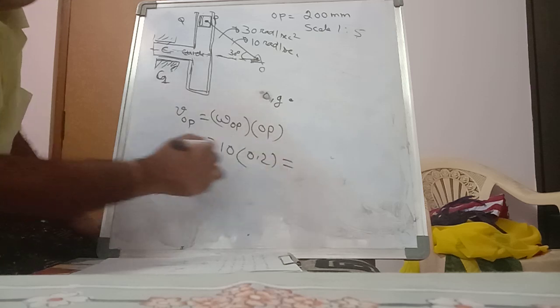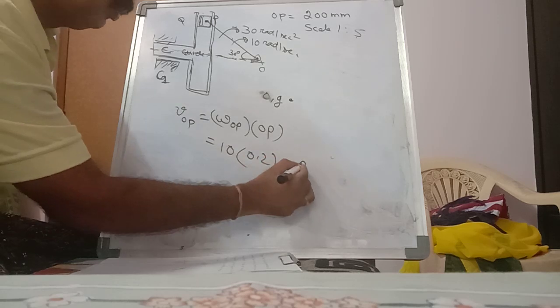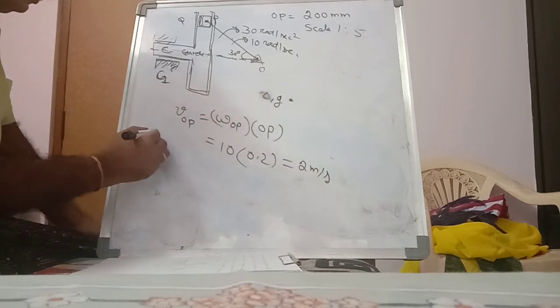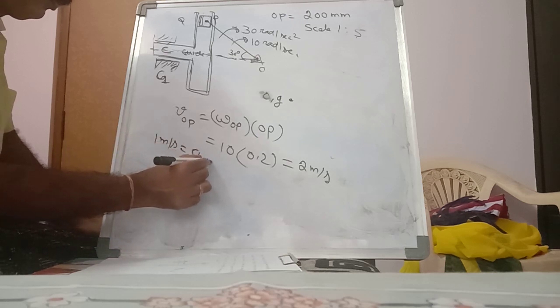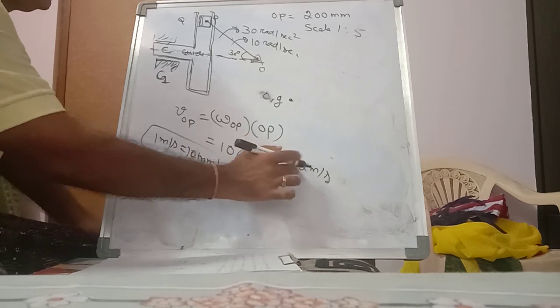So 10 into 0.2 meters is equal to 2 meters per second. That is the velocity of OP. Now we can take 1 meter per second equal to 10 mm. That means 2 meters per second is 20 mm.